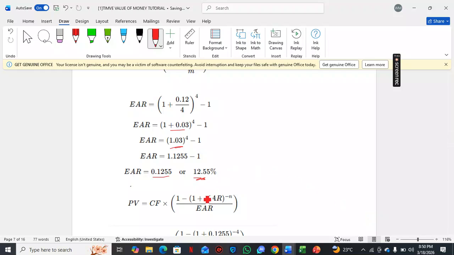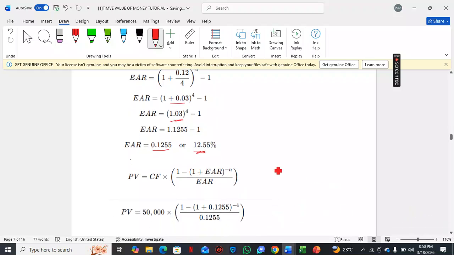So here's the formula for the present value again. Cash flow, 50,000, which are paid per year. Our rate is the effective annual interest rate, 0.1255. Number of years, 4 years.